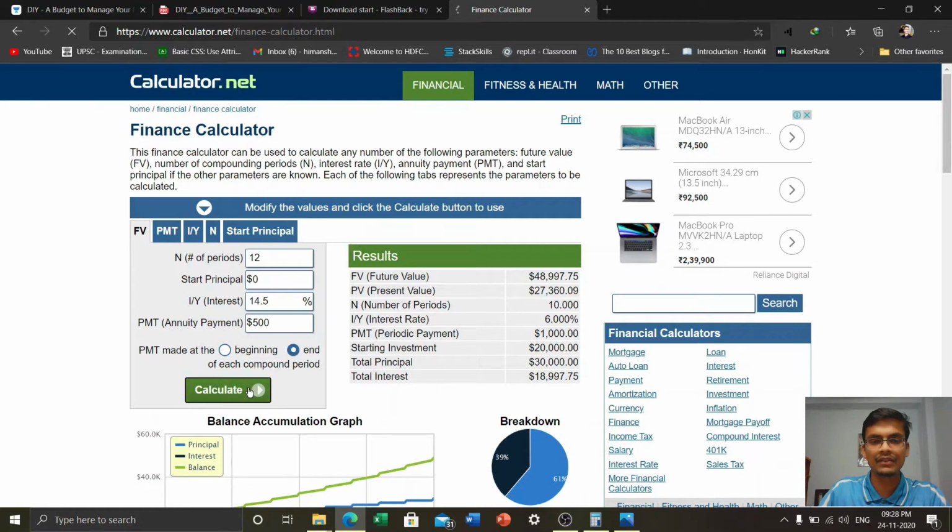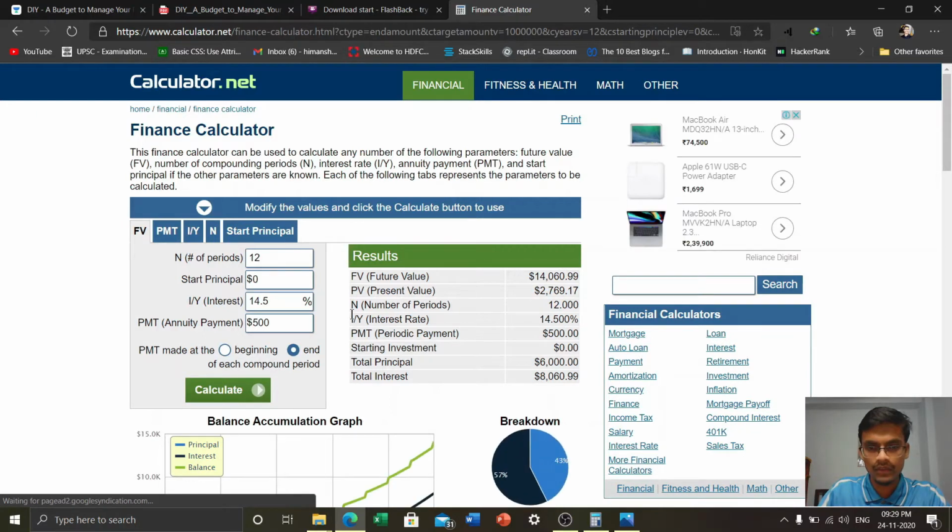So let's calculate the future value. On this column, we have the future value, the present value, the total principal, and the total interest. So the future value of this 500 monthly investment would be 14,060 rupees. And the basic principal was 6,000 rupees. That is 500 into 12 months, it is 6,000.